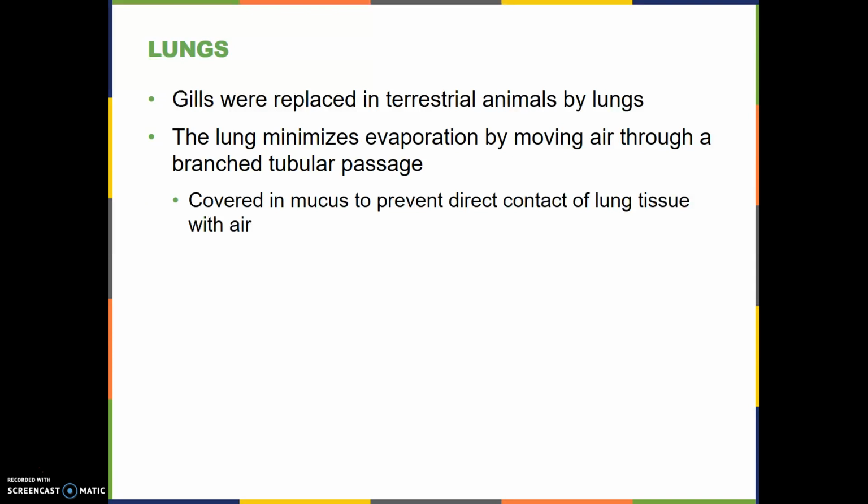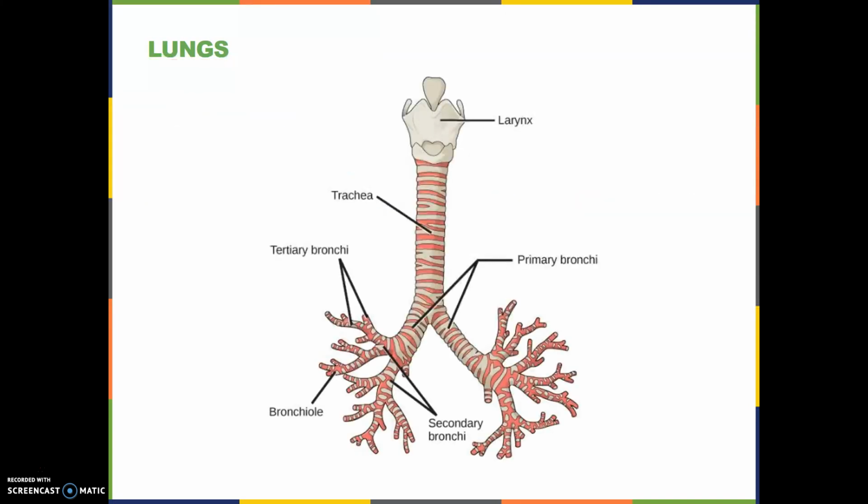All right, so lungs replace gills in terrestrial animals. And the lungs are covered in mucus to prevent direct contact of lung tissue with air. So it's a protective mechanism. The airways of the lungs are divided.